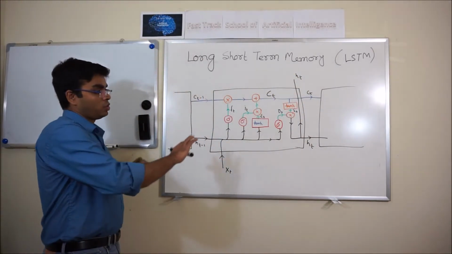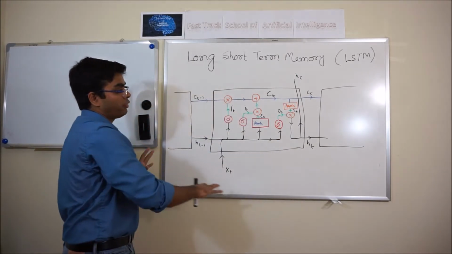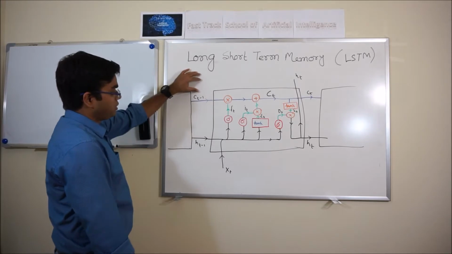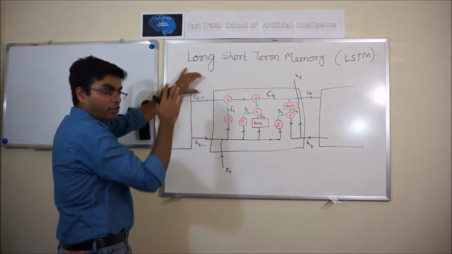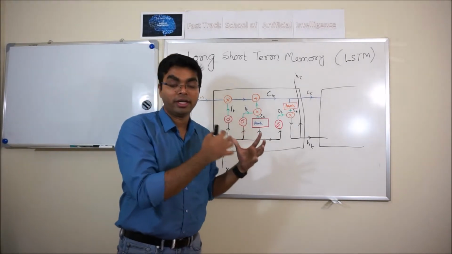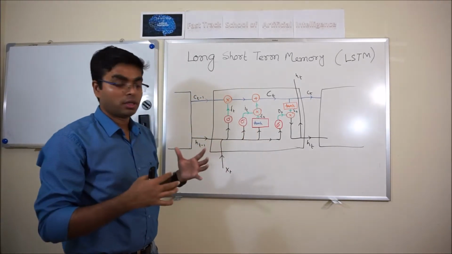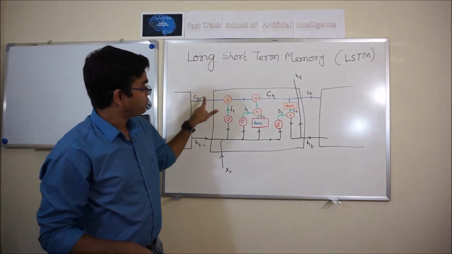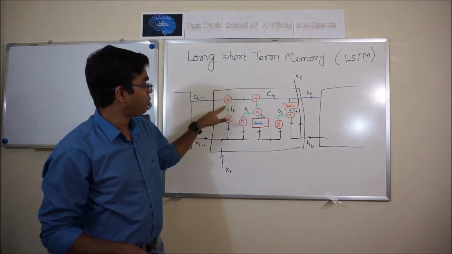Okay, so this is the whole operation of the LSTM model. It maintains one cell state for the historical memories, carrying the critical information. The cell state first goes through a forget operation.